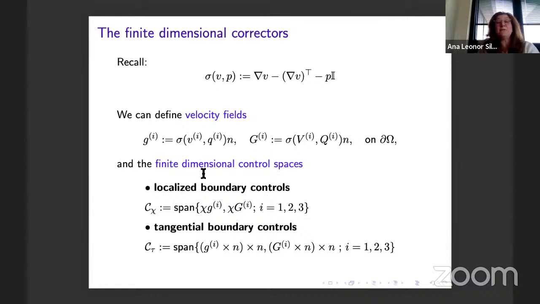And we are going to define the finite dimensional control spaces in the case of localized boundary controls and tangential boundary controls that we have mentioned in the introduction of the model. So the first finite dimensional control space is the space that is spanned by a function that is a kind of characteristic function that concentrates the control on a certain part of the boundary.